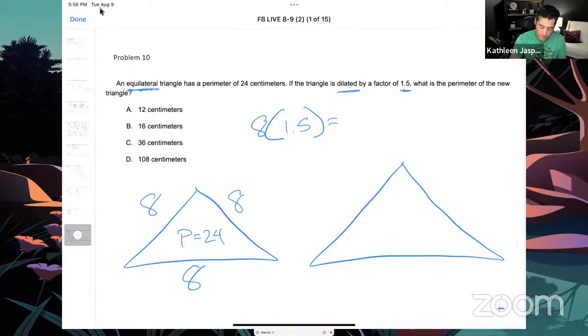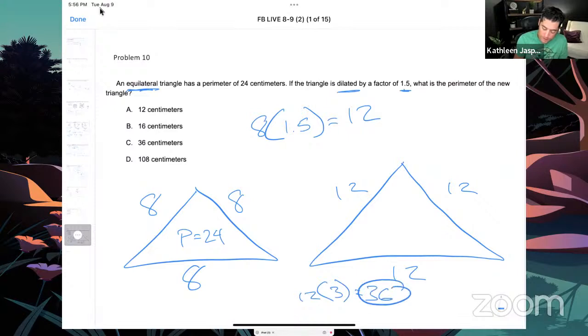So 8 times 1.5 gives me 12. I have 12, 12, and 12 as my new values, because equilateral means all are the same. Because we need perimeter, we add all the sides together, or do 12 times 3, we get 36, and C is the correct answer.